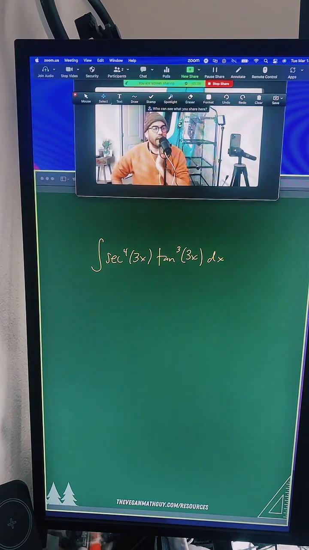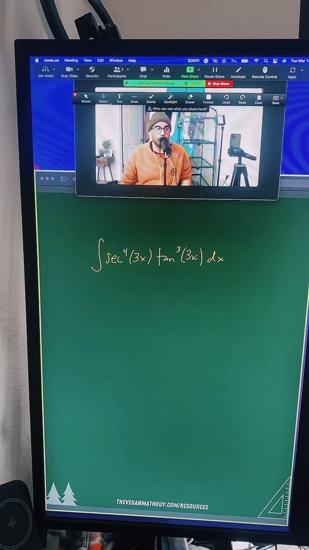The only thing that I want to do before I even do that, someone said you can do this in one step, and I kind of agree. But I'm just going to show you the way I would have solved it. There's so many different ways of solving this. I already know I want to make u equal to tan.